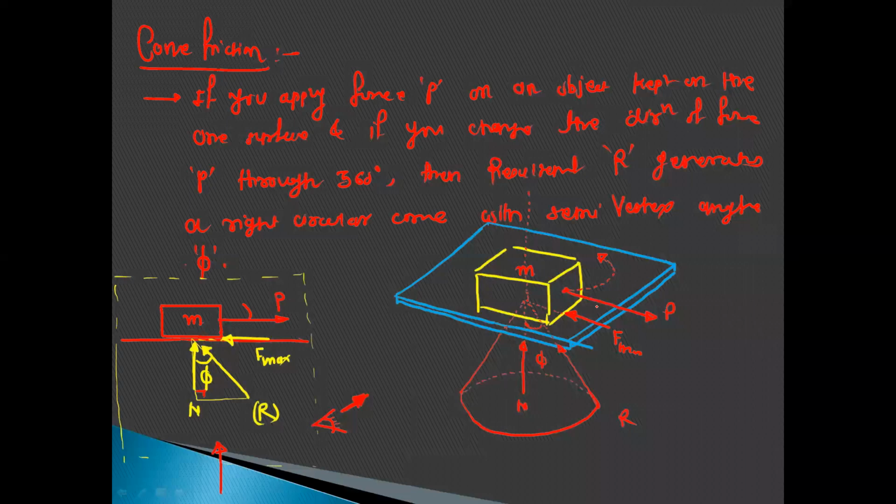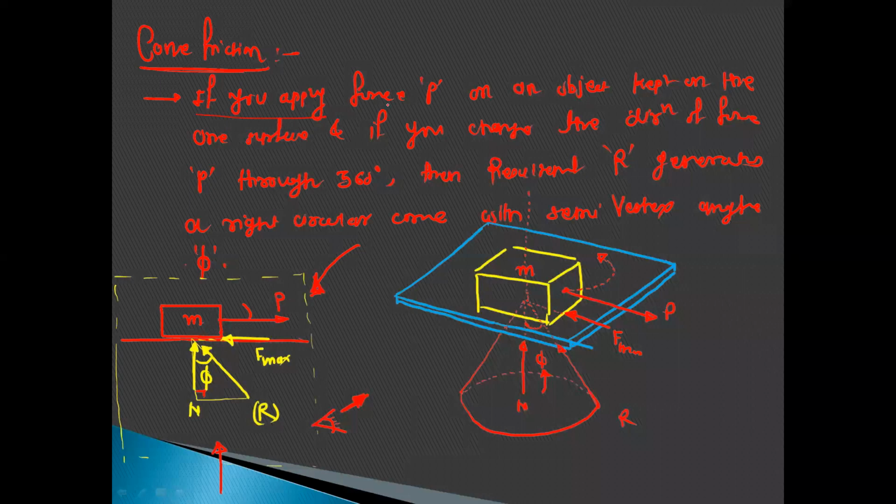As you change the direction of force P, this resultant will also change its direction, and it will try to remain in the same vertical plane like this. Therefore you will get this complete cone with this semi-vertex angle phi, and this is called a cone of friction. So here again you can read the definition.